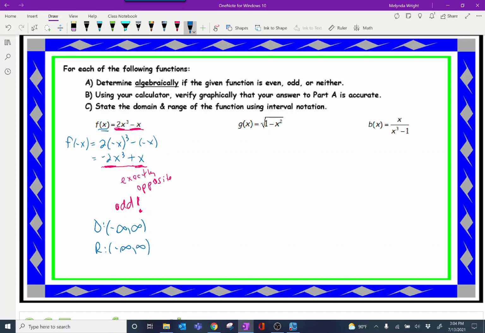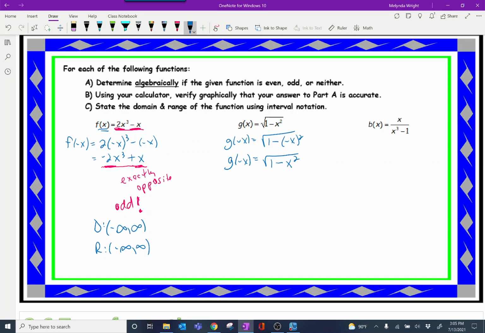Okay, so let's look at our second example. We're going to determine algebraically, so we've got the g function. Now let's do g of negative x. Let's stick in a negative x there. So g of negative x would be the square root of 1 minus negative x times negative x, which is positive x squared.